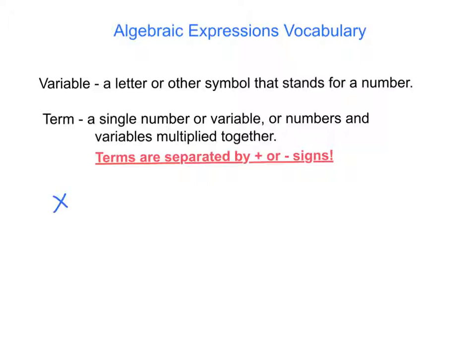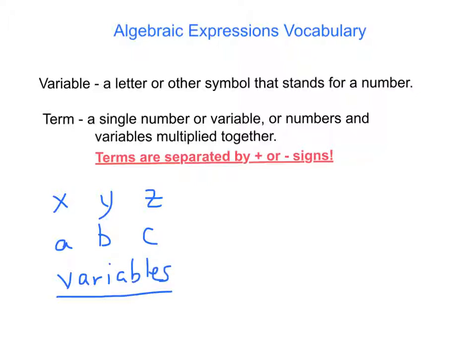So for instance, x, y, z, a, b, c, those are just known as variables, and they stand for numbers in algebra. A term is a single number or variable, or numbers and variables multiplied together.